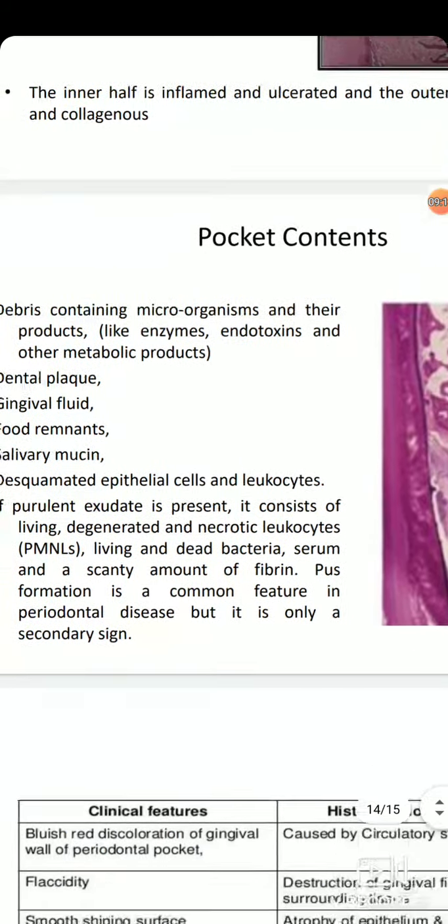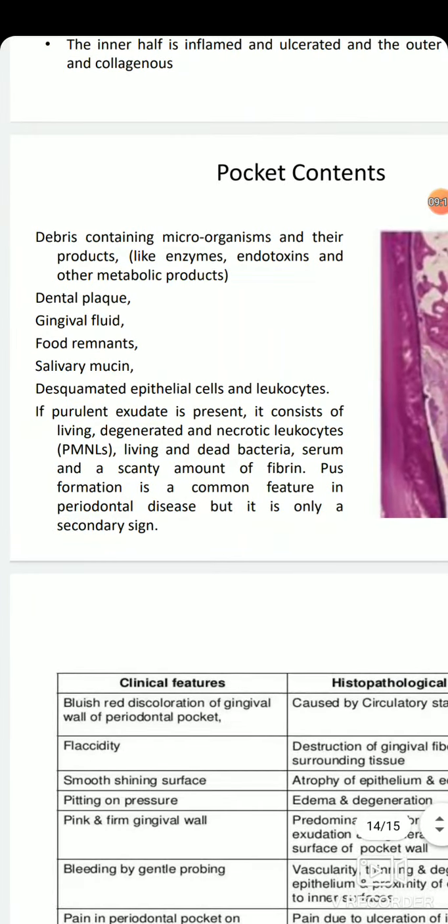And what does the pocket contain? The pocket contains microorganisms and their products like enzymes, endotoxins, and metabolic products, bacterial plaque, gingival crevicular fluid, food remnants, salivary mucin, desquamated epithelial cells, and leukocytes, dead cells.